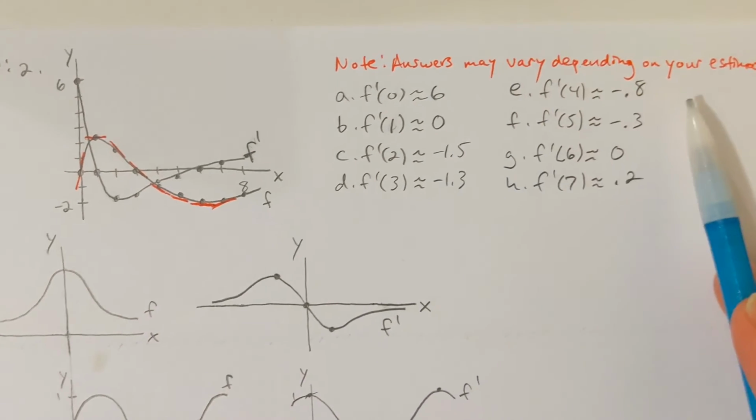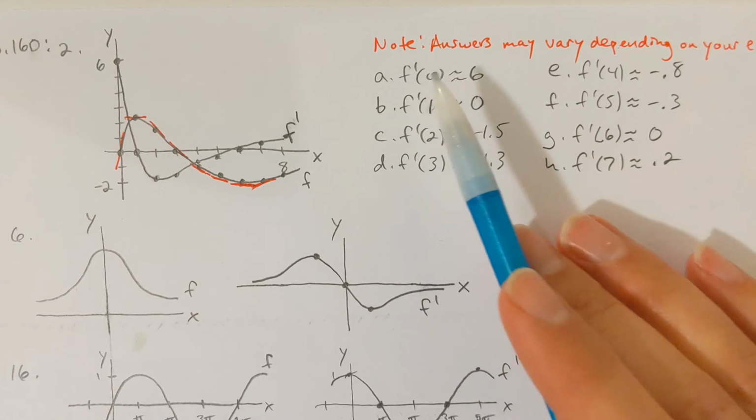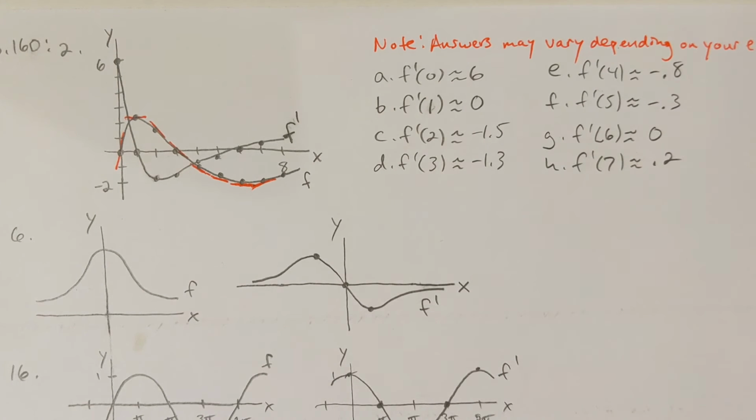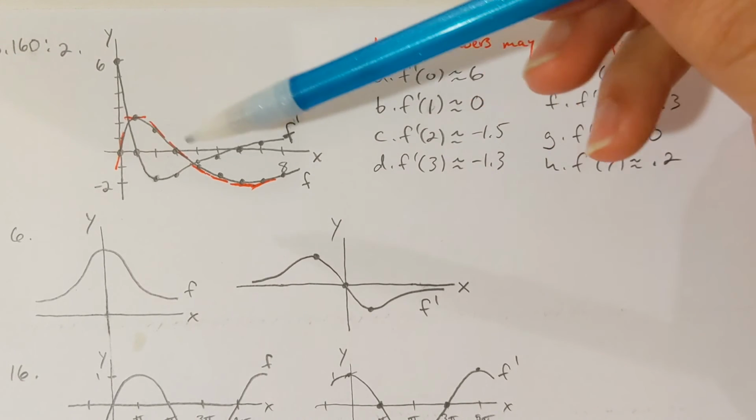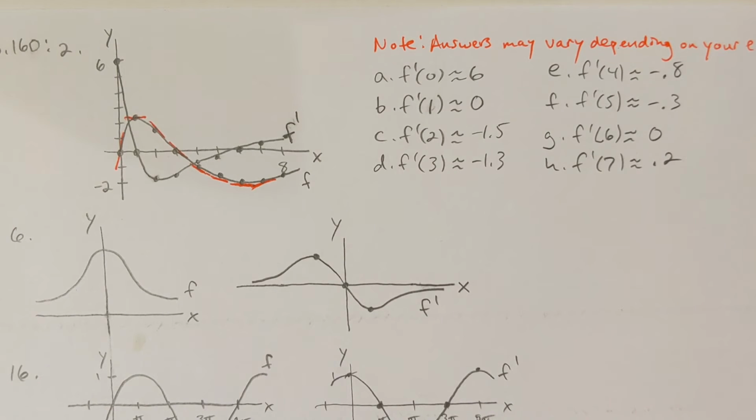The answers may vary depending on your estimates, because since you're working with a derivative, really what you're doing is estimating the slope of the graph at that spot. I don't have a formula for f of x, so I'm not going to know exactly what that slope is. So there's a little bit of flexibility here with the numbers.